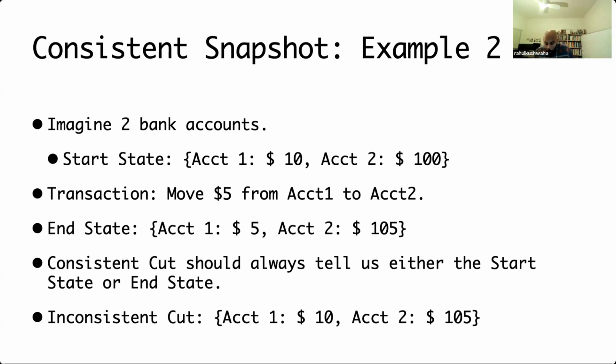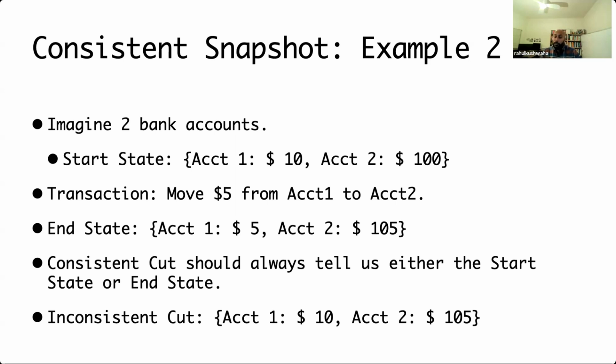So a globally consistent cut will always mean that we have a snapshot of account one and account two either in the previous state, which is 10 and 100, or in the end state, which is 5 and 105. But if we are employing 2PC and stuff like that, there might be cases where you end up reading 10 and 105 because we released the locks on some machine earlier than the other one.